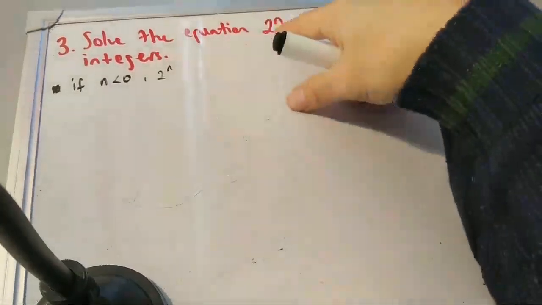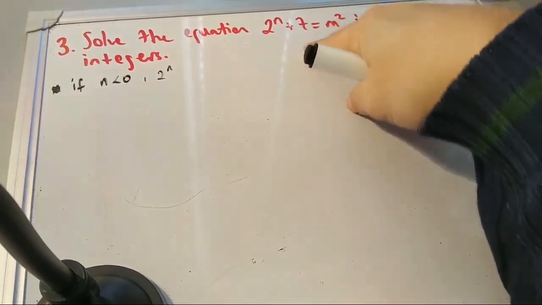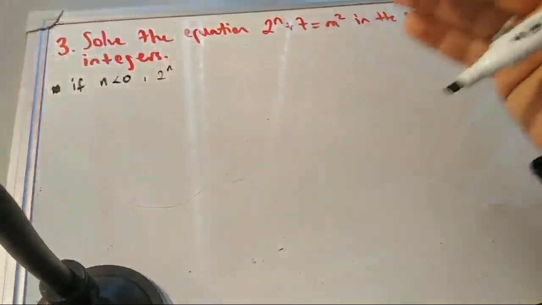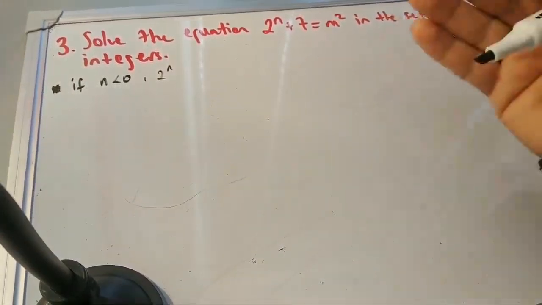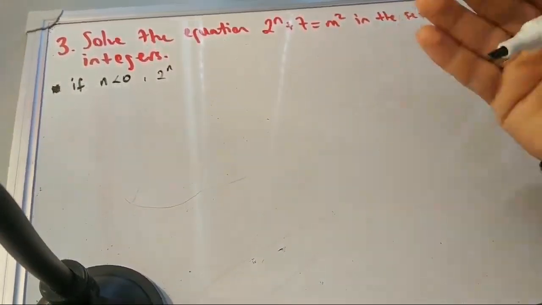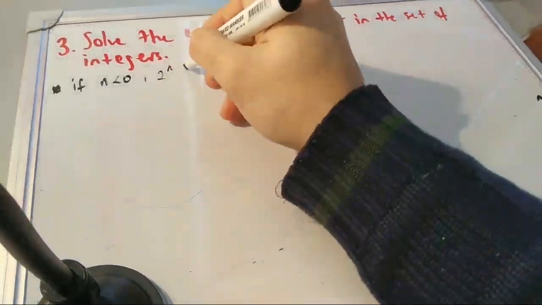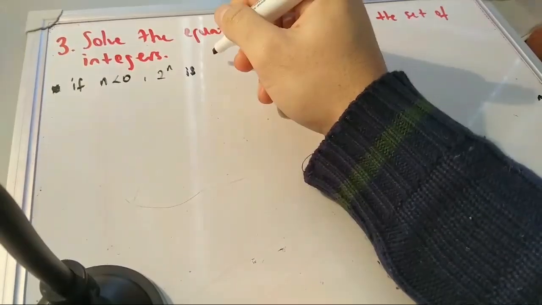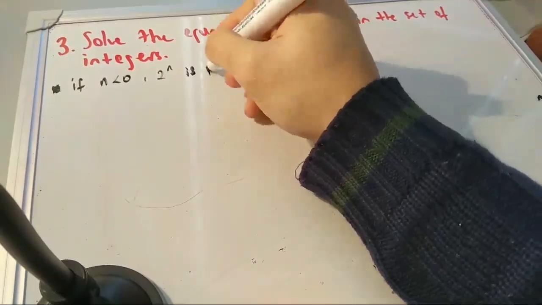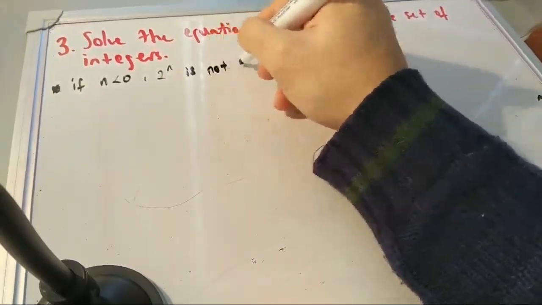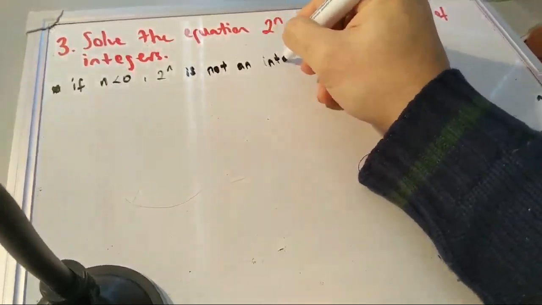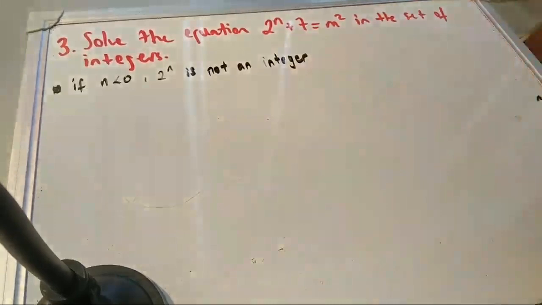For n is -1, 1 over 2 plus 7 is 15 over 2, and 15 over 2 is equal to m squared. For m, we also cannot get an integer. So we say that n is greater than 0, an integer.